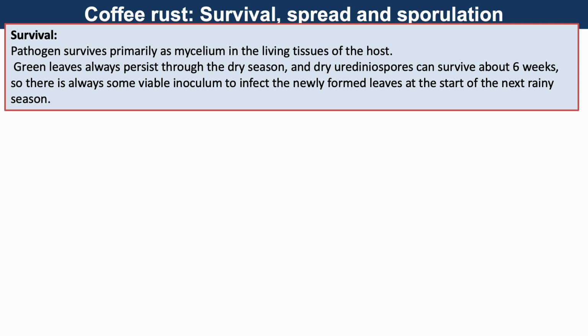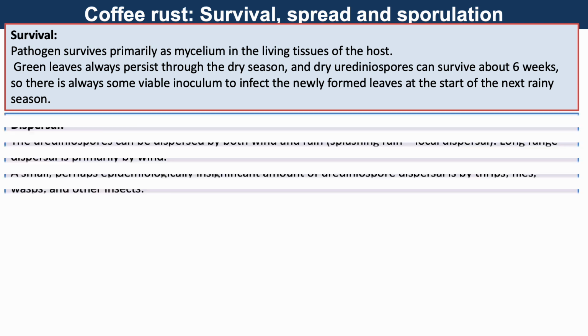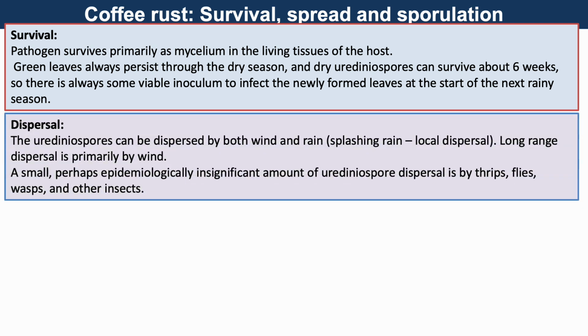So there is always some viable inoculum to infect the newly formed leaves at the start of the next rainy season. Regarding dispersal, the urediniospores can be dispersed by both wind and rain, especially rain splash. Long-range dispersal occurs primarily by wind.